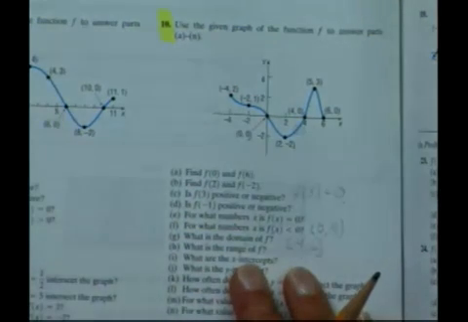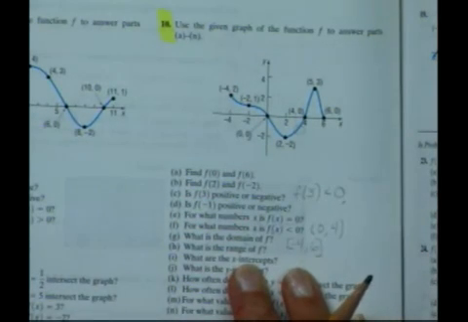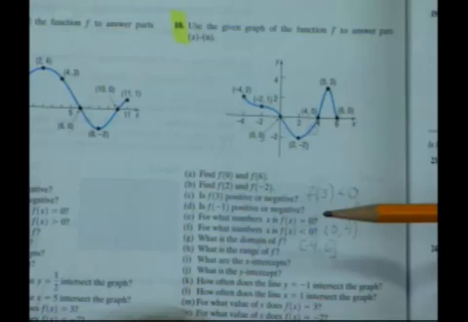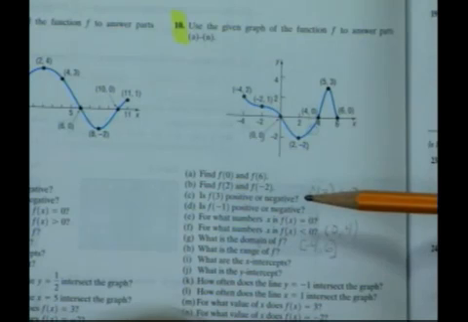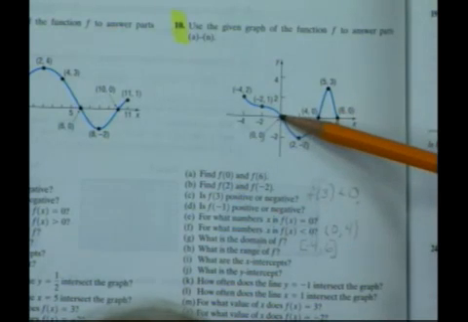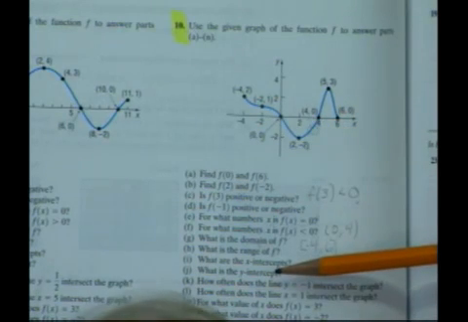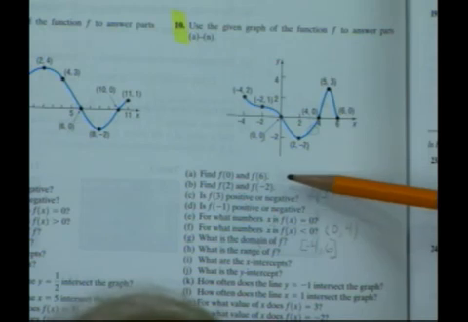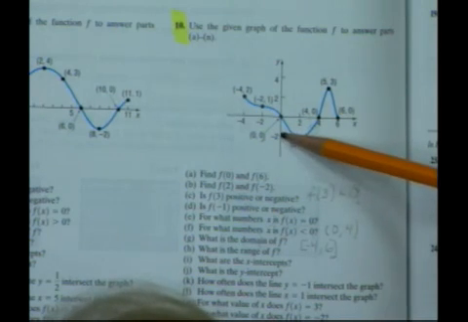Okay, I'm going to get these two guys on the second row here. Tell me what your range is. Are you looking at y values? What's your smallest y value? -2.